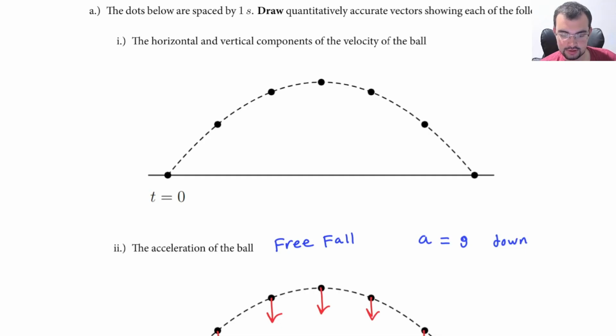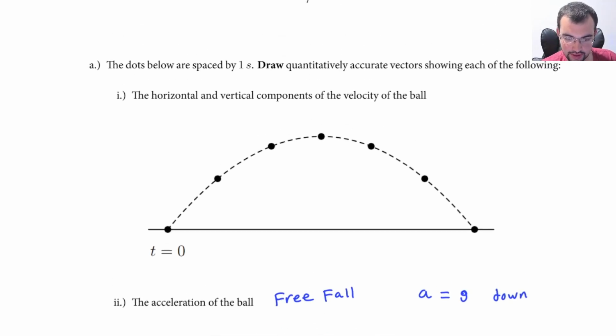So what's a consequence of that? I probably should have flipped these. It's okay. What are the horizontal and vertical velocity components after each second? Well, the easy one is the x velocity, right? Because we said gravity does not care what is happening horizontally. So this is our initial launch speed. 1 second later, gravity doesn't care you're moving horizontally. 2 seconds later, gravity doesn't care. 3 seconds, gravity doesn't care.